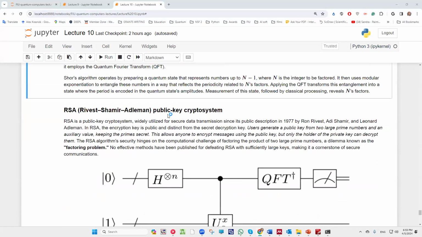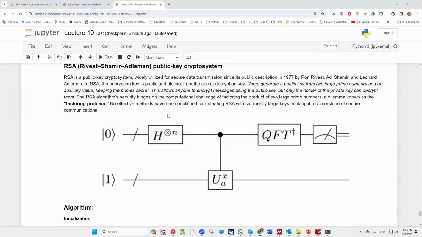But it turns out that if you convert this large number, which is presumably the product of two prime numbers, and encode it into the state of a quantum computer of n qubits, and if you do the quantum Fourier transform, you will get a table, and in that table you can find the periodicity.